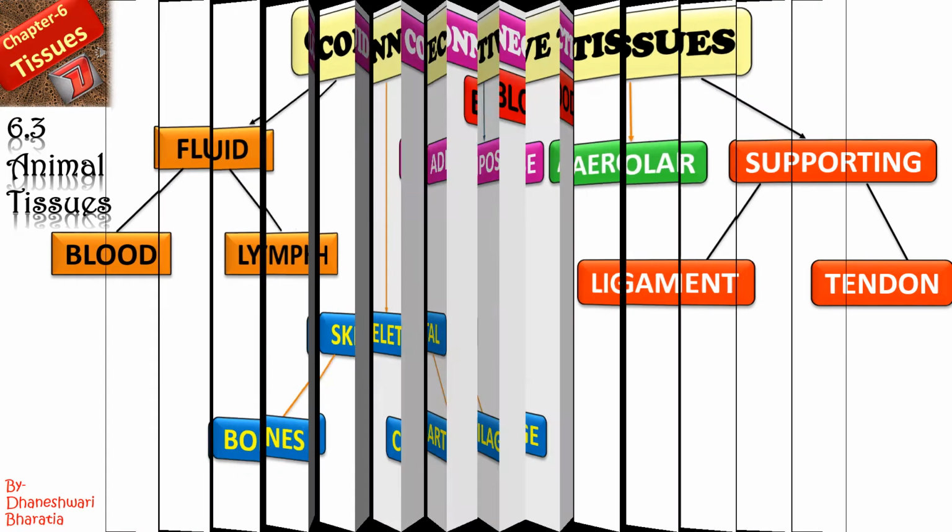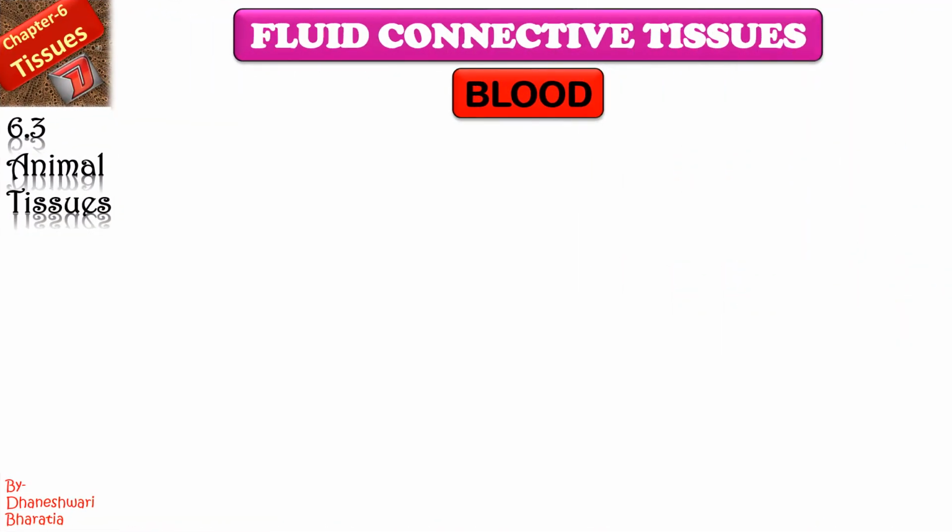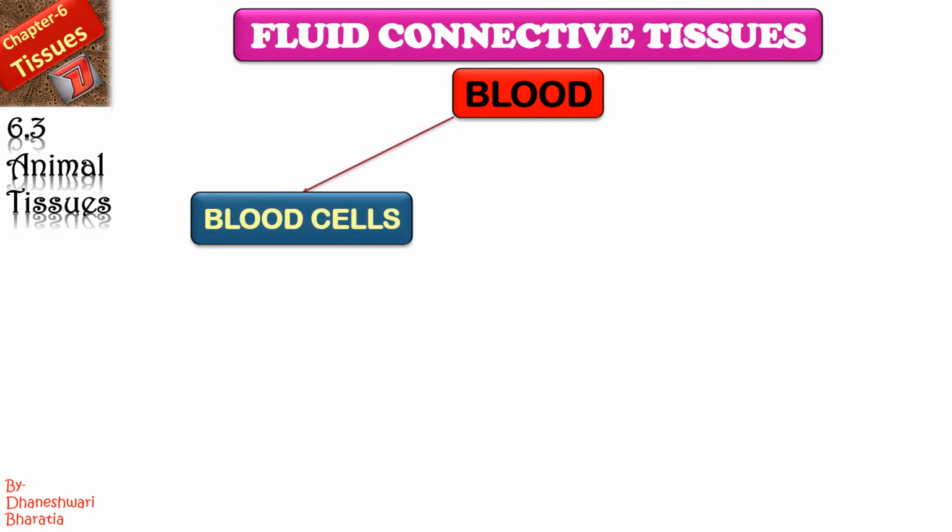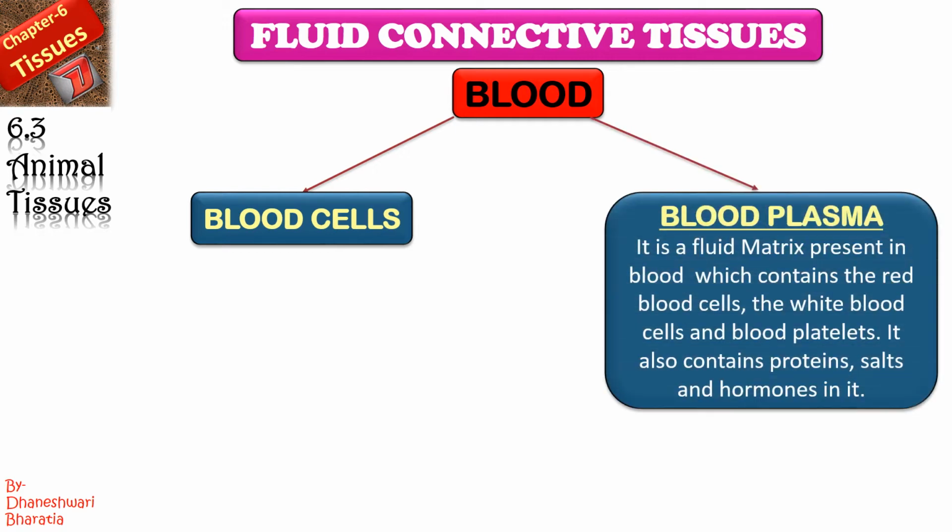Fine. Now let us begin with the fluid connective tissues. We all know very well about blood, right? What is blood? Yes, it is the fluid which is getting transported throughout our body, in general terms. Let us begin with the composition of blood. So the blood is made up of blood cells and blood plasma.